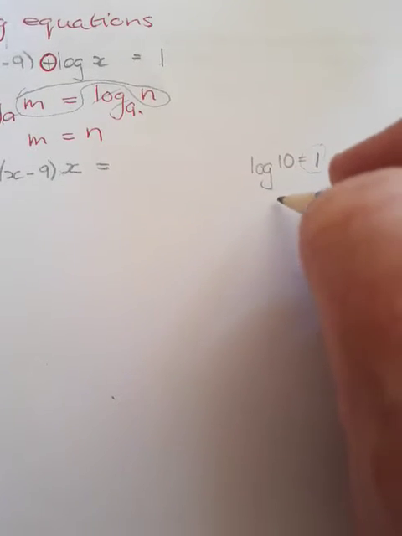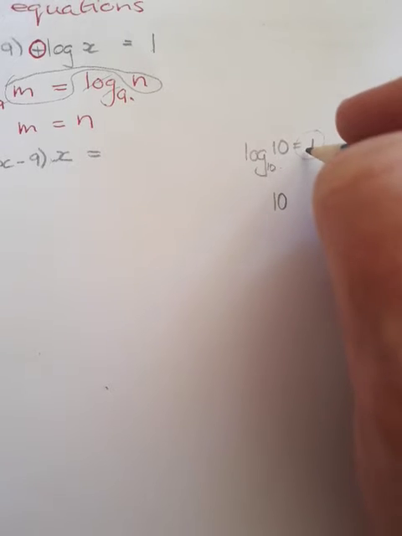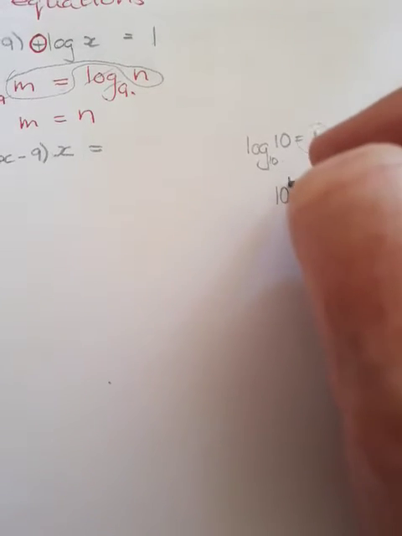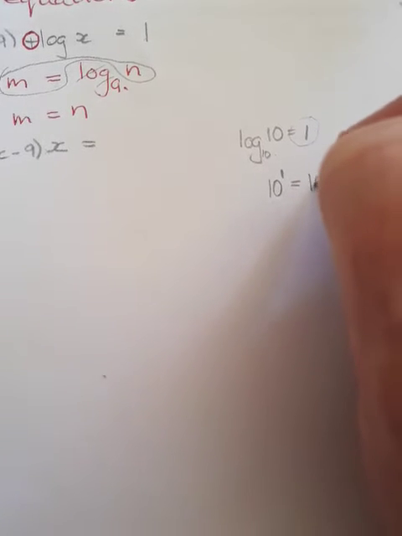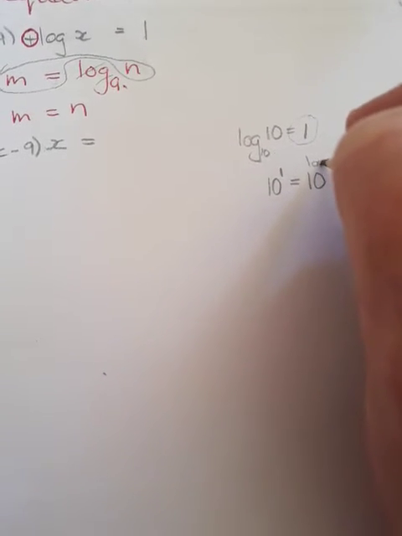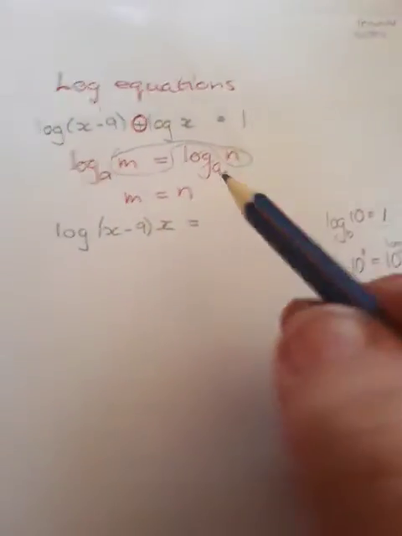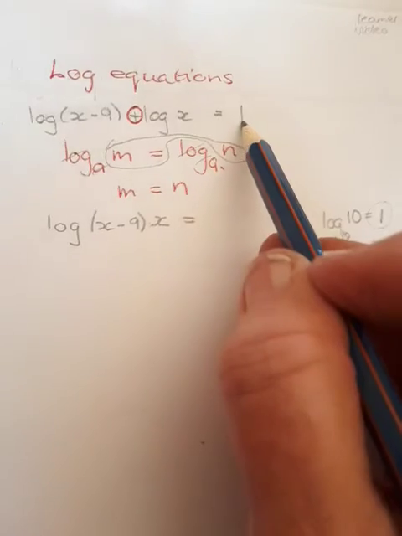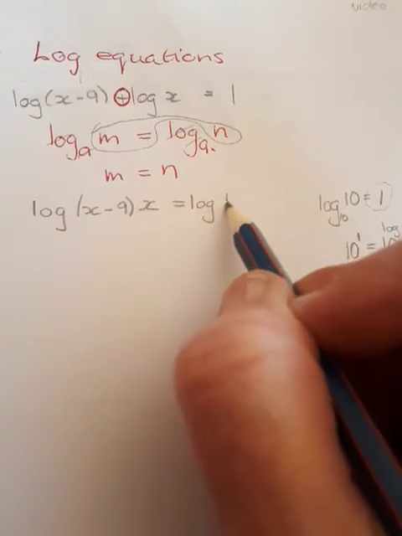So if you take the base, which is 10 in this case, and you put the answer, which is the index, up there, then that is equal to 10, isn't it? So that is log 10. All right, so on the right hand side, you change the 1 to log 10.